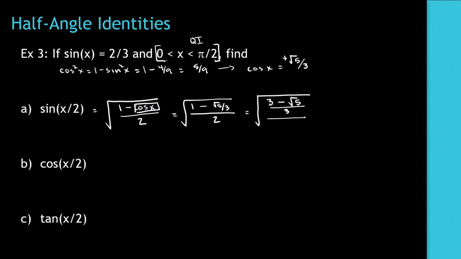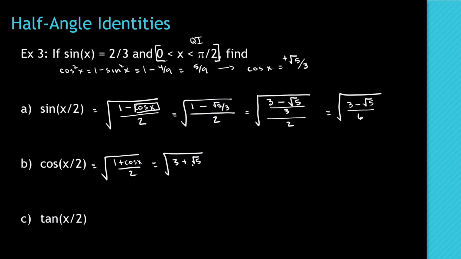Okay, and then I'm dividing by 2. So I end up with 3 minus the square root of 5 over 6. If I do cosine, well, cosine is exactly the same, but it's a plus. So it will just end up with 3 plus the square root of 5 over 6.